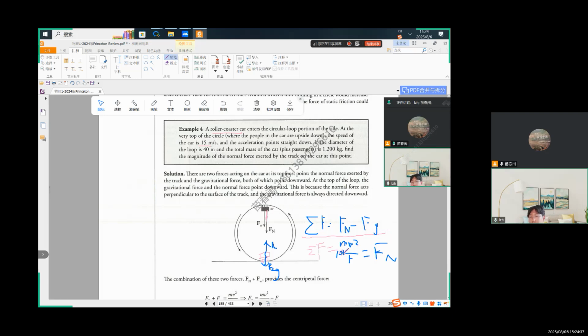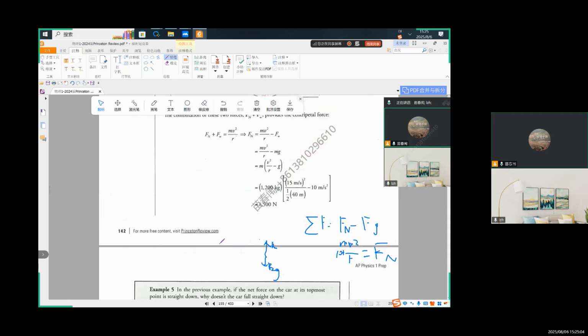Oh, Fg plus. Okay. Fn equals Fg plus mv squared over r. Is that what you meant? Yeah. Okay, Fg is 12000, right? Plus 1200 times 15 squared over 20, right? Does that make sense? Yeah.